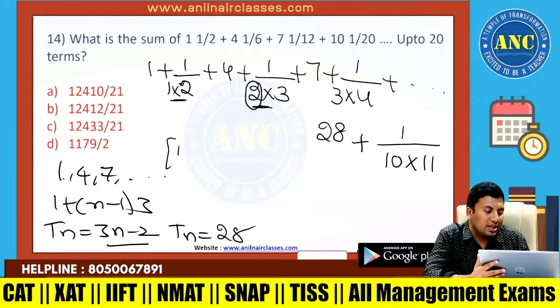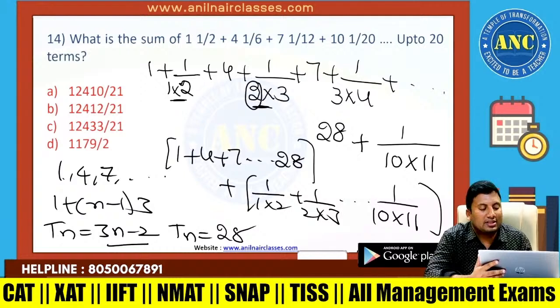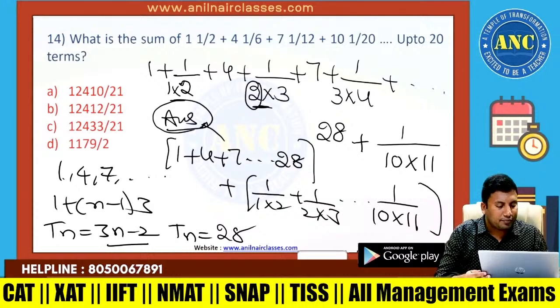That means there are 2 series: 1, 4, 7 and so on up to 28, plus 1 into 2 plus 2 into 3 and so on up to 1 by 10 into 11. Whatever answer you get from this value, that itself is the answer. I hope the idea is clear.